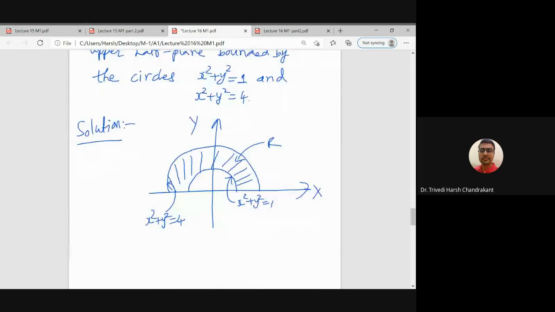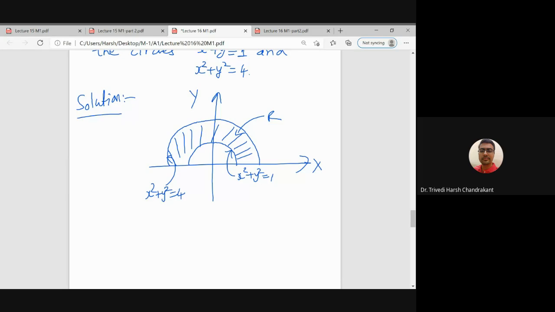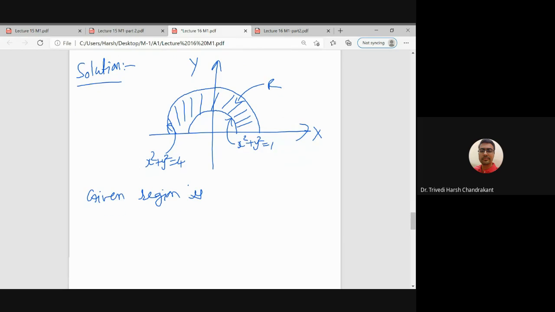So let us see if we can apply this method of the polar coordinates or not. So the given region is the set of (x, y) such that y is non-negative and the value of x square plus y square is between 1 and 4.